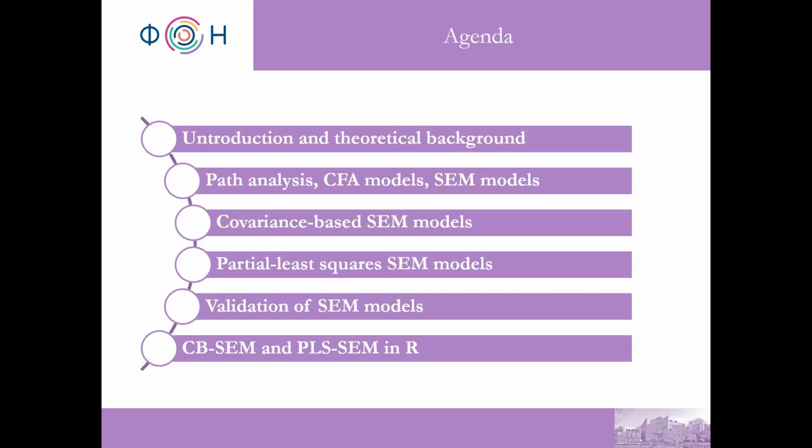Today we will be talking about the two big groups, which are covariance-based and partial least squares SEM models. We will take some time and observe what the differences between the two are, and how you can actually choose which of those two algorithms to use if you have a SEM model and you want to assess it.